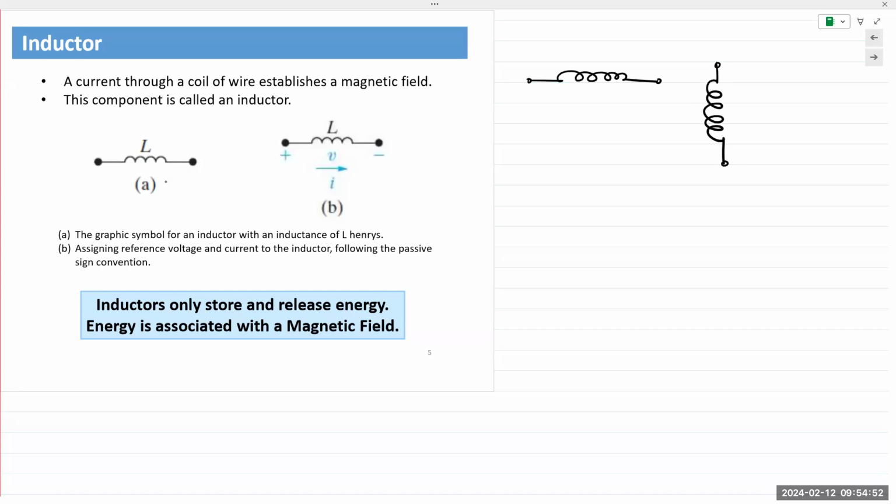The letter I is reserved for current in electrical engineering. So inductor is noted by the uppercase L. Uppercase L. The unit is Henrys or Henry.